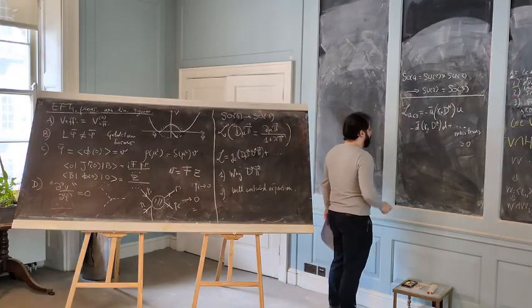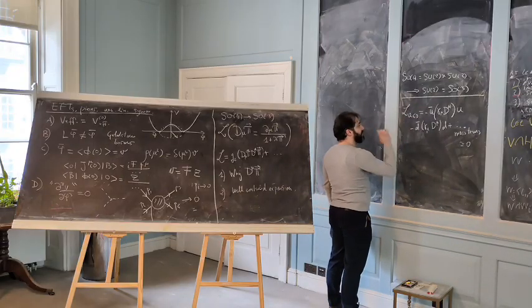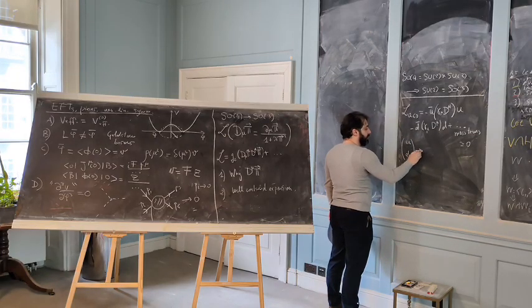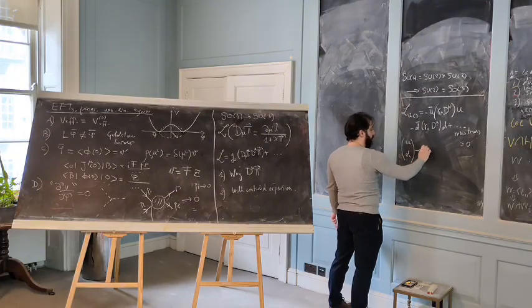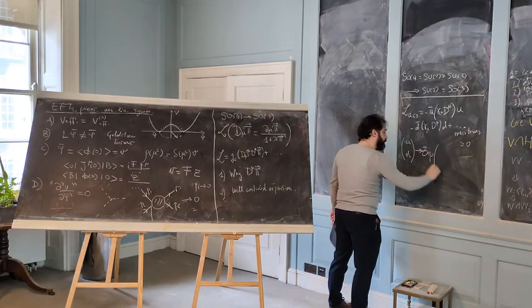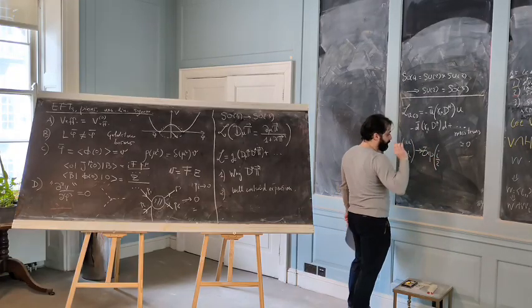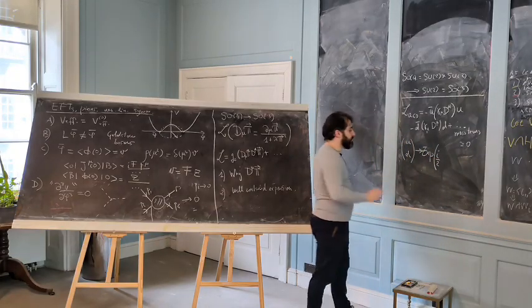Now, this Lagrangian is invariant to various transformations. In particular, it is invariant to (u,d) going to the exponential of i times a factor 2, and then there are two terms.